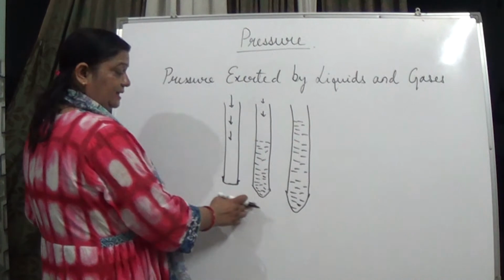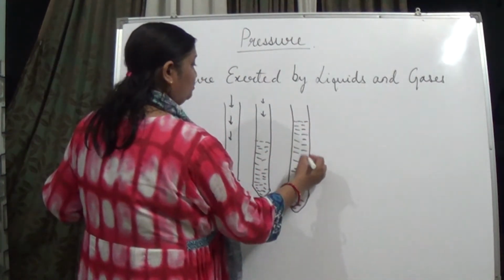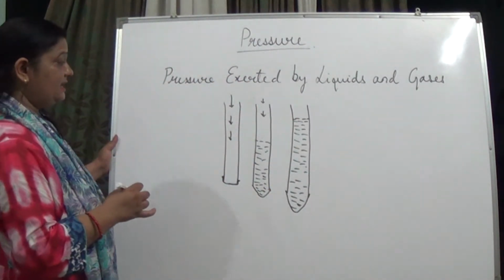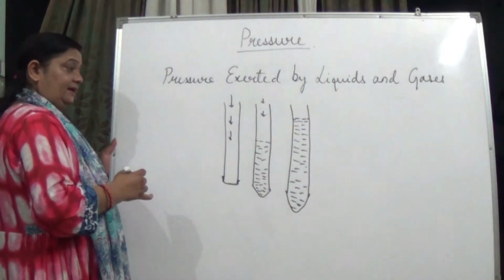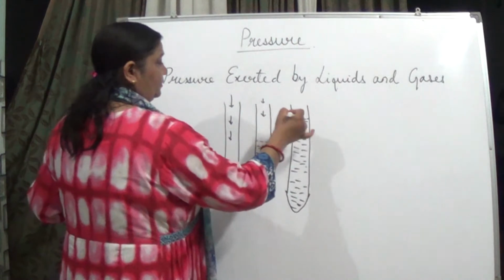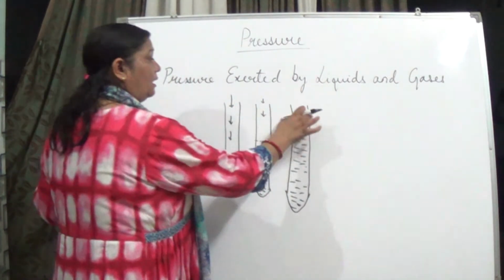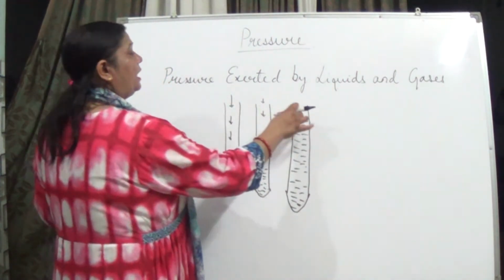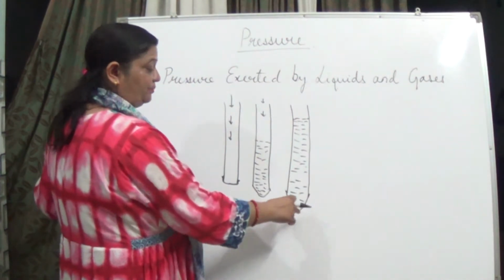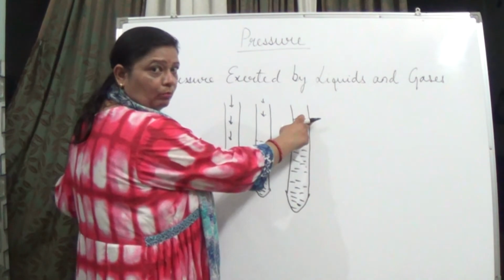When the height of this water is more, it means more water has been added to it. So here we can see that this liquid, the water, depends upon the height also. If the height is more, bulging will be more. So pressure applied will be more if the height is more.